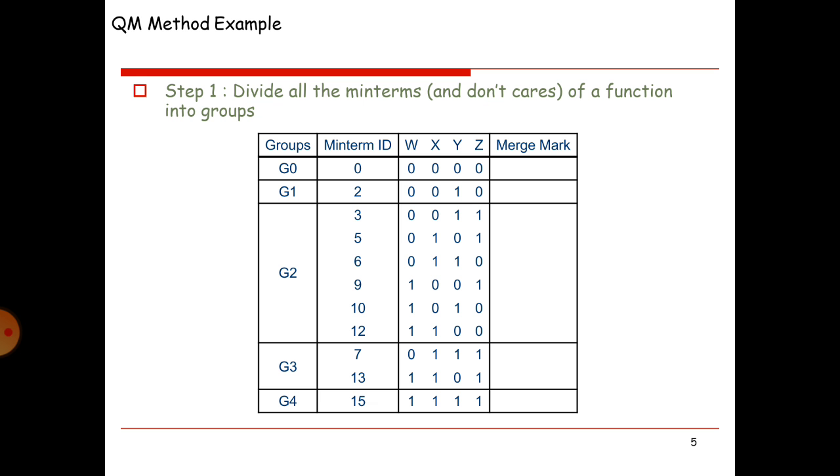Number of 1 one is G1. Number of 2 ones is G2, G3, and 4 ones means G4. So these are the representations for the group variables G0, G1, G2, G3, G4 according to the number of ones and zeros respectively.